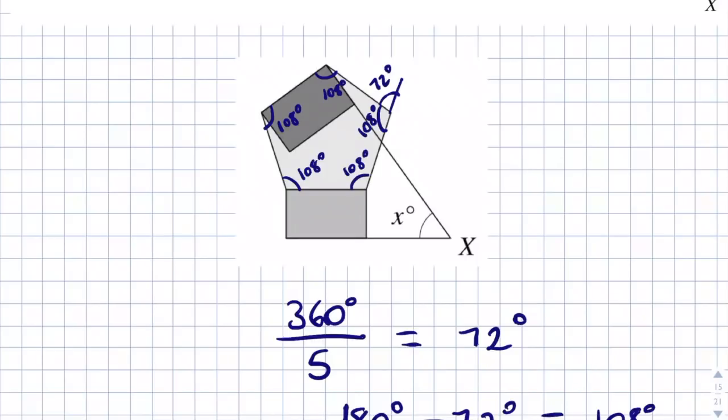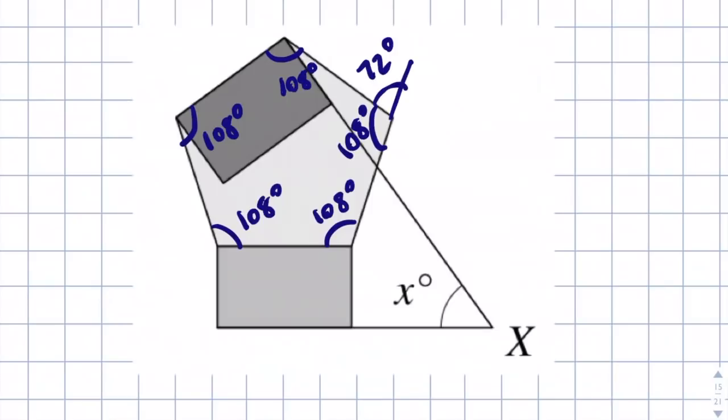Okay, what I want to do is focus in a bit more here. Now, what you should be able to see is, because we've got a rectangle up here, the interior of the rectangle is going to be 90 degrees here. And this whole angle is 108 degrees. So the angle between the pentagon and the rectangle, so this angle here, is going to be 108 minus 90, which is 18 degrees. Okay?